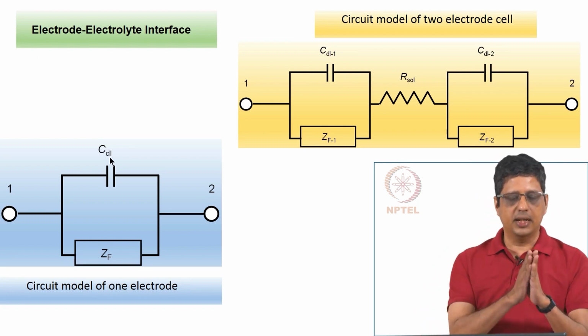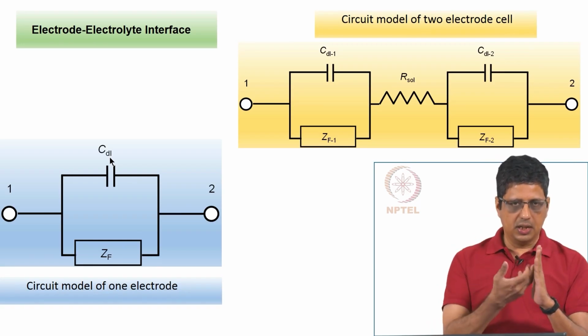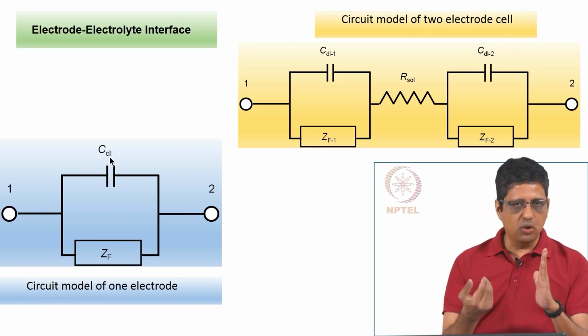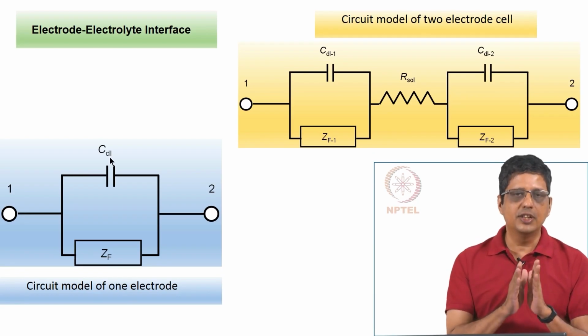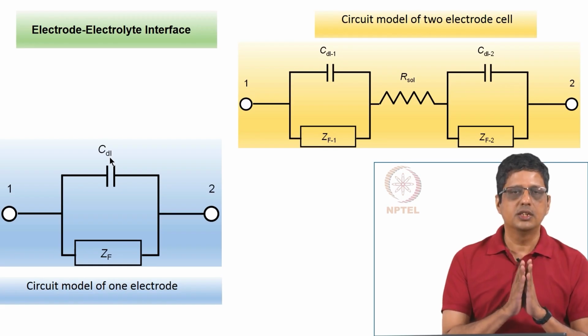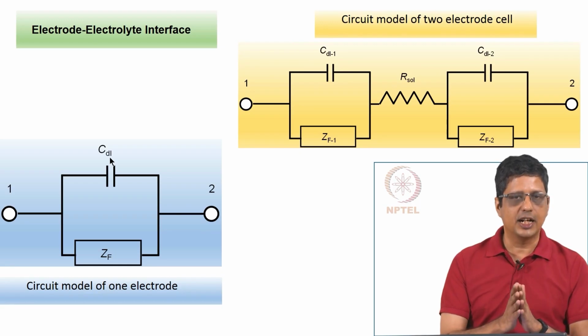That means you have metal here, you have electrolyte here, and the electrolyte may take an electron or give an electron. The material can come out and dissolve, or some material in the electrolyte can go and deposit. If any of this happens, this type of reaction is called an electrochemical reaction. There is a chemical reaction, but in addition to that there is an electron transfer.